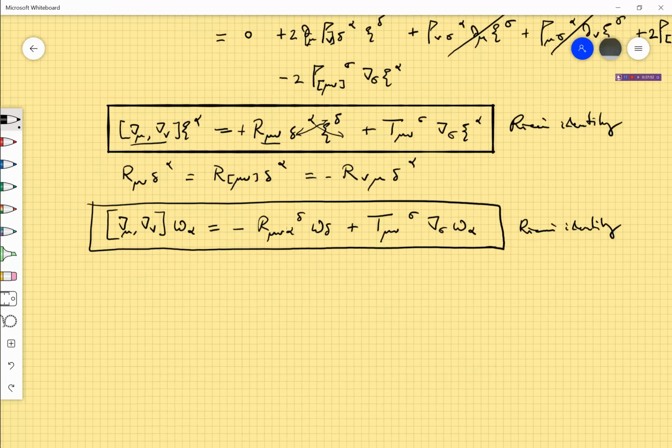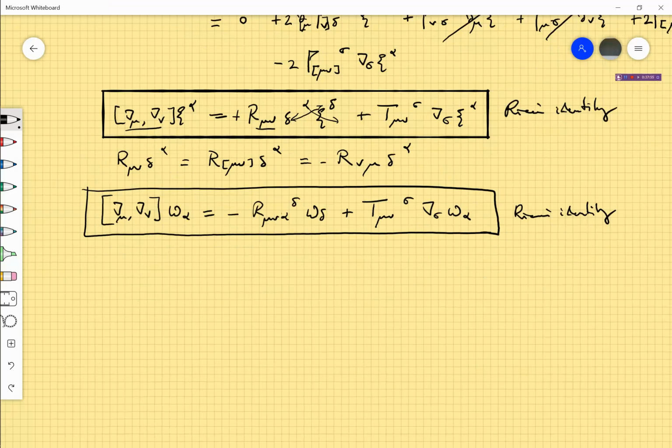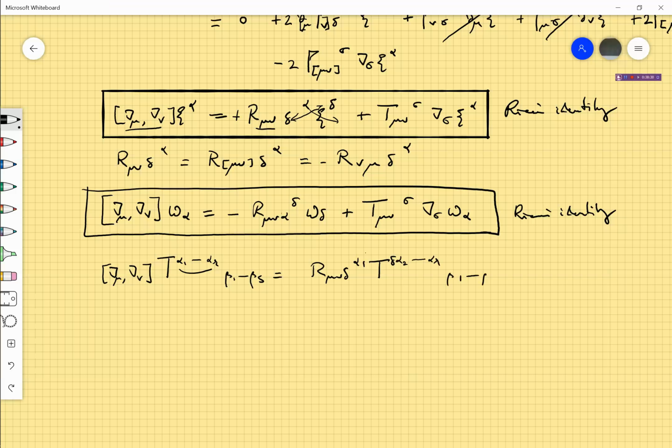You can act on more complicated tensors, like the metric or whatever, if you act on a general rank R,S tensor. Well, you get R terms of the form R mu nu alpha 1, then an index to sum over delta, which is in the position of the index that you have replaced, alpha 1, then alpha 2, alpha R, beta 1, beta S, plus again another term.